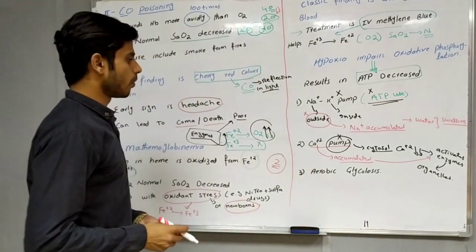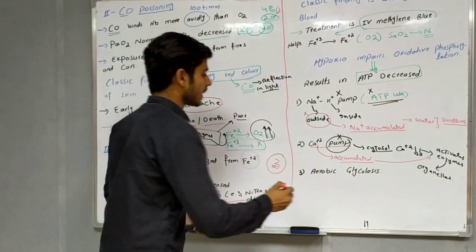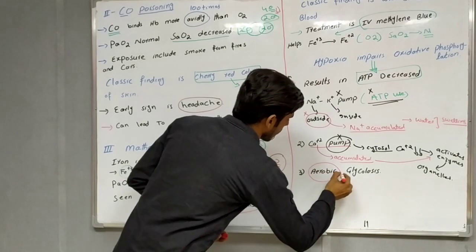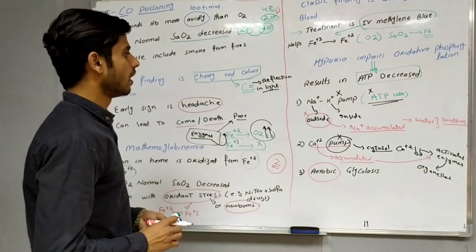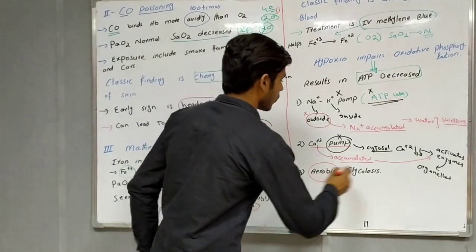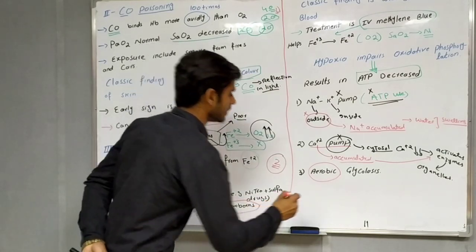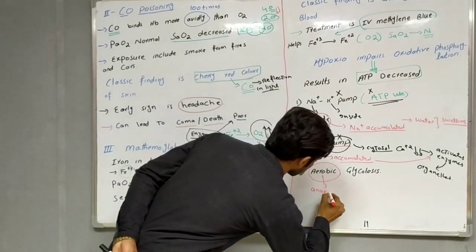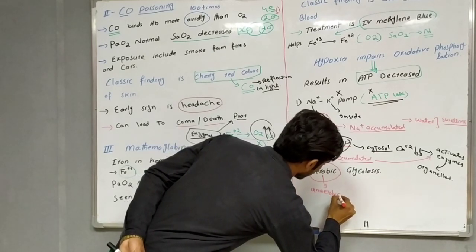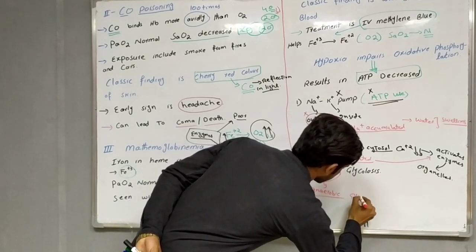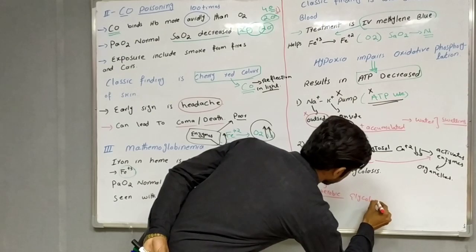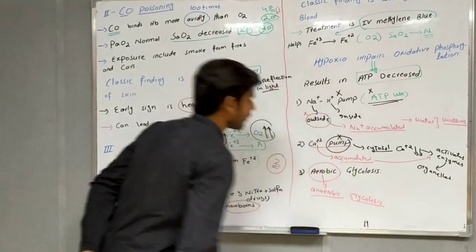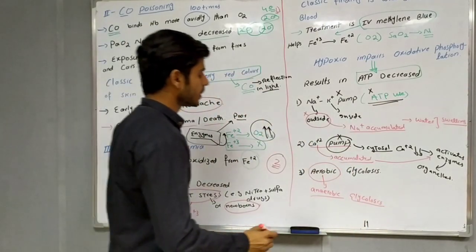The third point is aerobic glycolysis. As the name aerobic says, it works on the basis of oxygen. When there is no oxygen, aerobic glycolysis will not take place. When there is no aerobic glycolysis, anaerobic glycolysis takes place. In anaerobic glycolysis, there will be two cases.